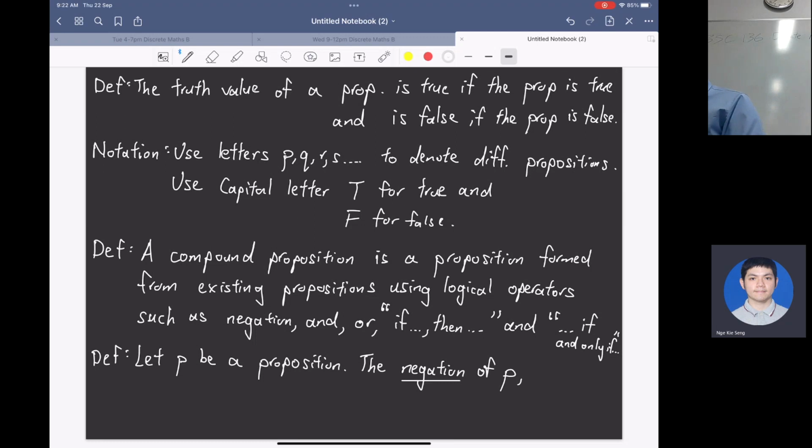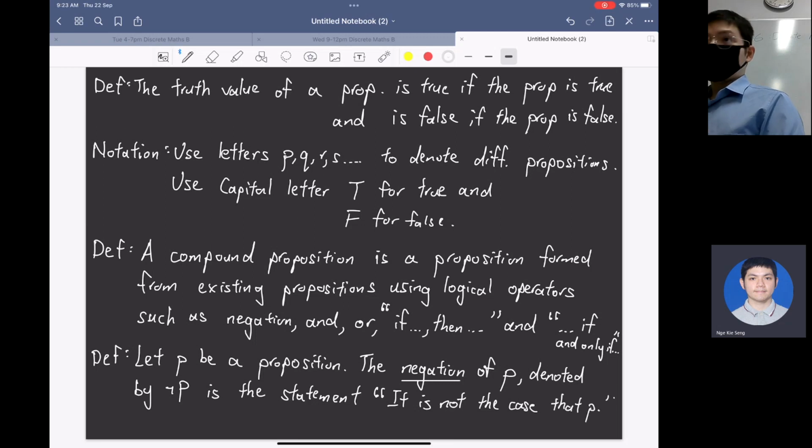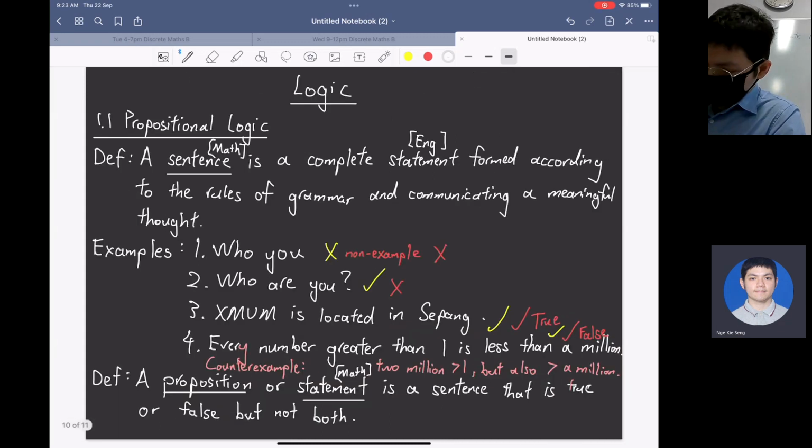The negation of P, which we always denote by not P, is the statement: it is not the case that P. Okay, so let's do some examples.